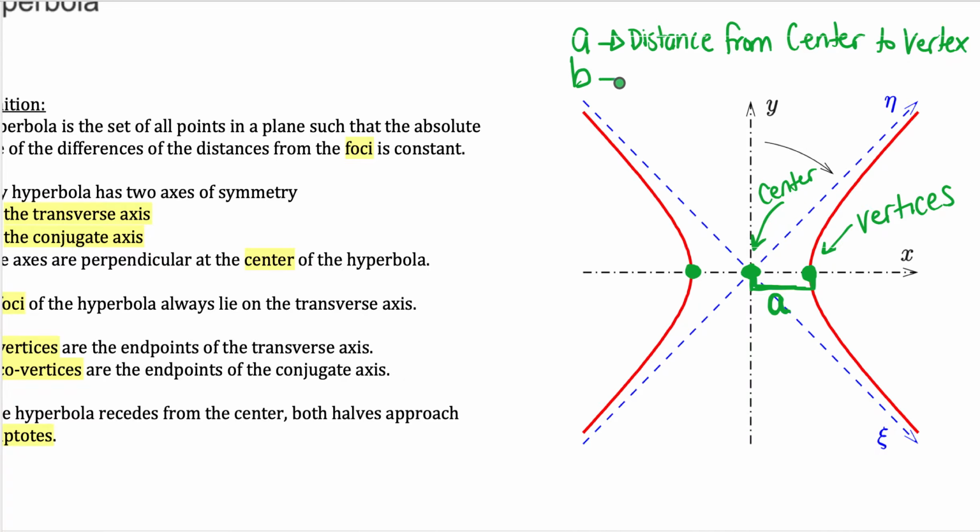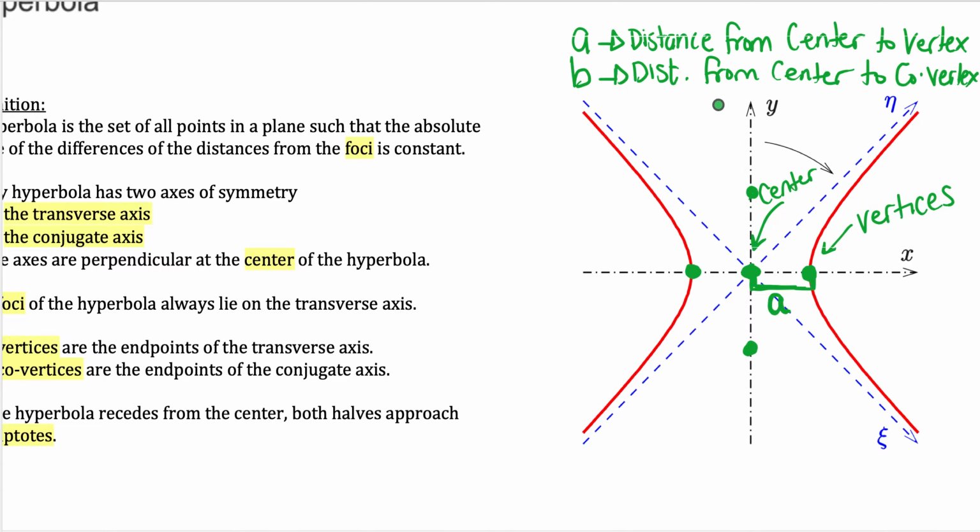And again, just like an ellipse, B is going to be the distance from the center to the co-vertex or co-vertices. So co-vertices are going to be in the opposite direction.